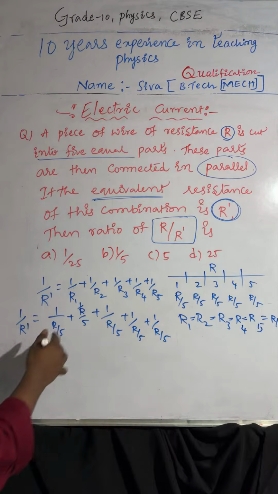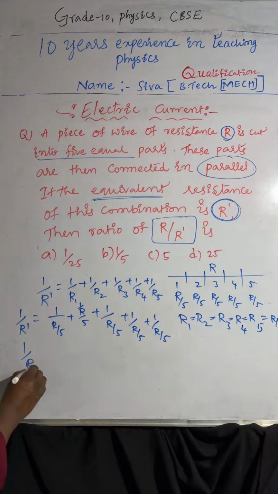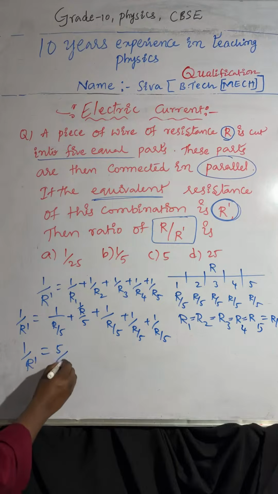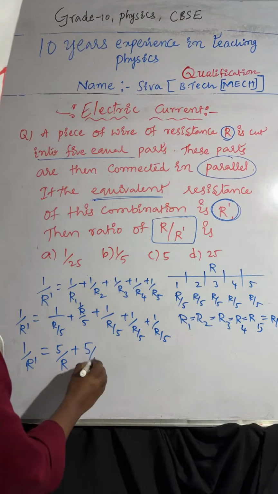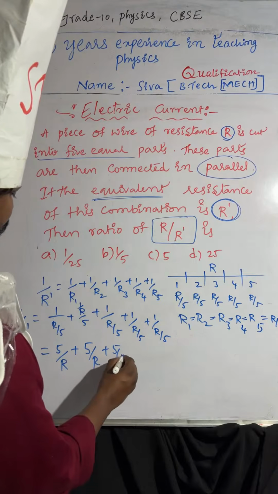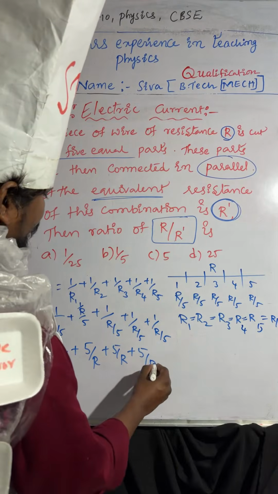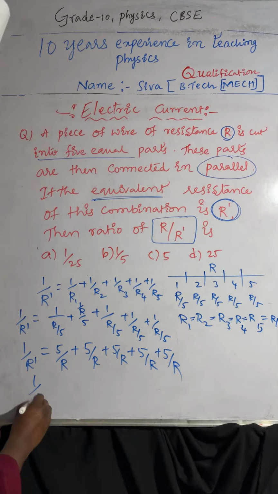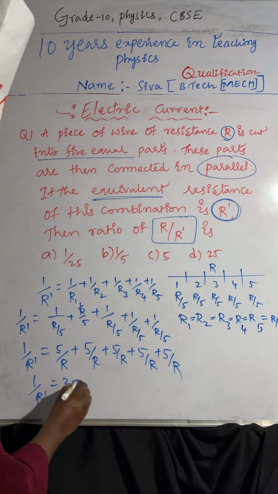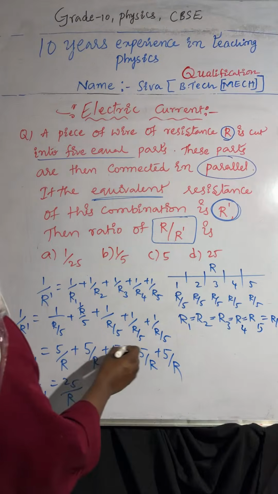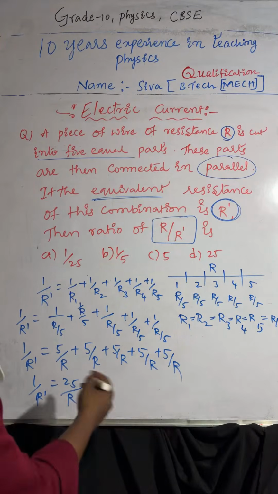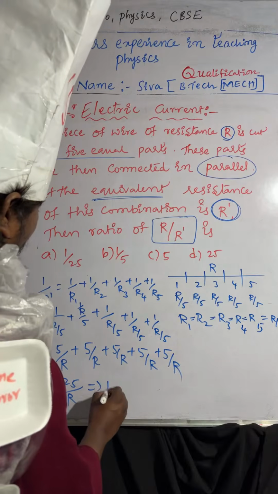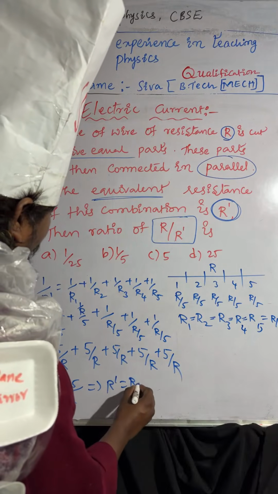Then if you take reverse, 1 by R dash equals 5 by R plus 5 by R plus 5 by R plus 5 by R. That you will get 1 by R dash equal to 25 by R. 1, 2, 3, 4, 5. So 25 by R. Then you will get R dash equal to R by 25.